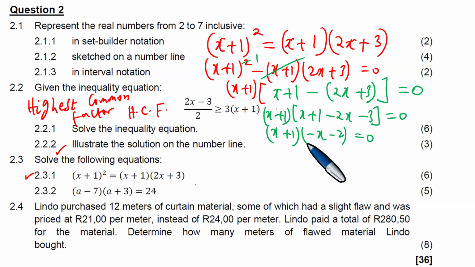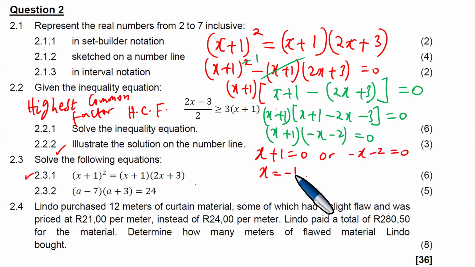We have x minus 2x, minus x. What is 1 minus 3? It's minus 2. Which means we have x plus 1 equals 0, or minus x minus 2 equals 0, which means x equals minus 1, or x equals minus 2.